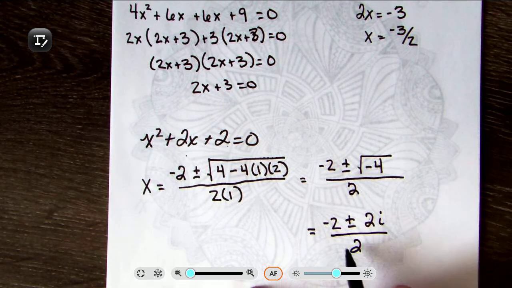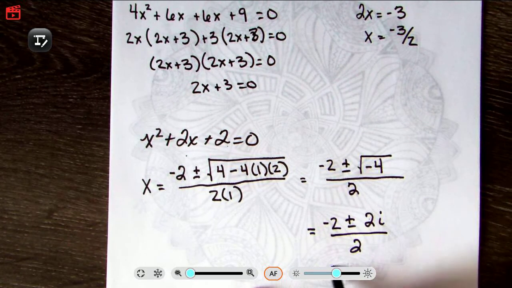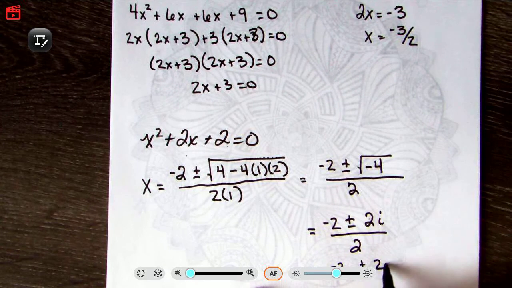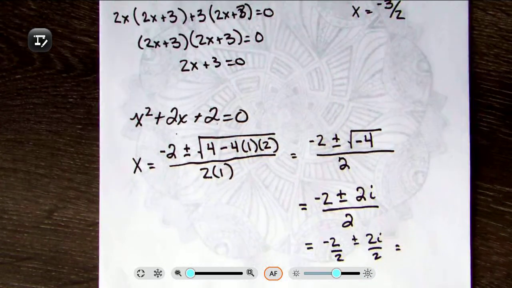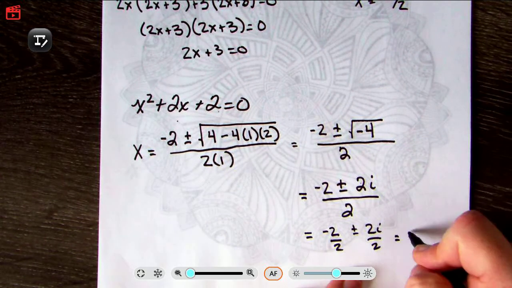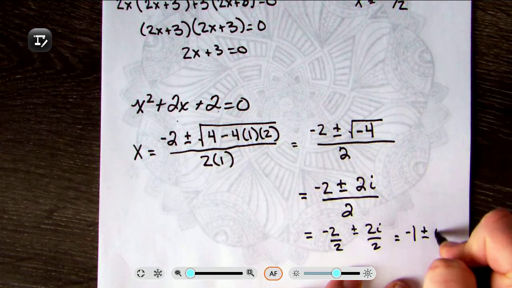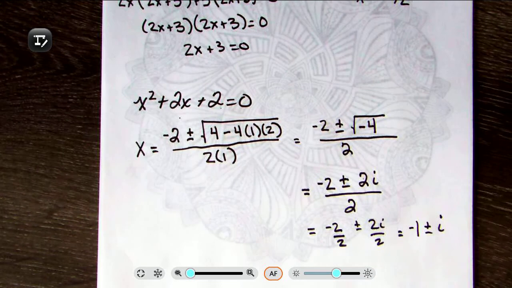And then I can break those into both of them, negative 2 plus or minus 2i, both of them over 2, or factoring out the 2 and then reducing, whichever works. We get negative 1 plus or minus i as being your solution.